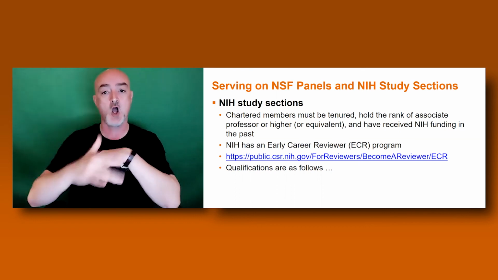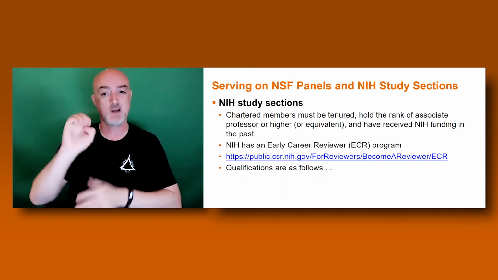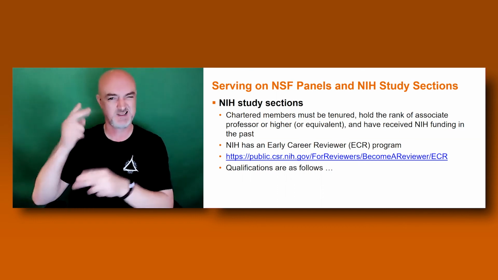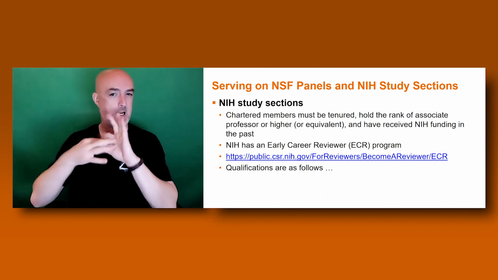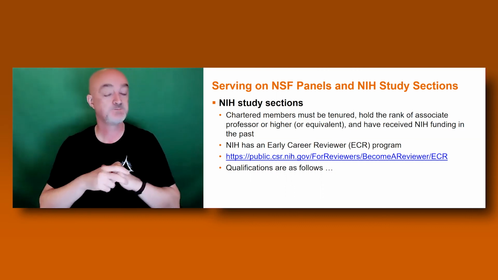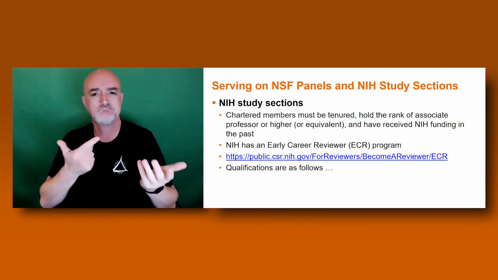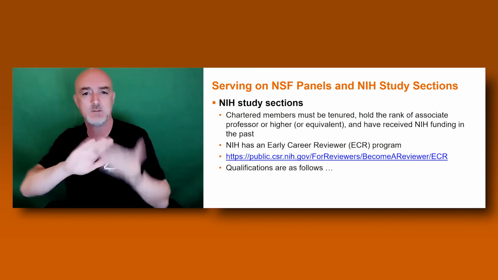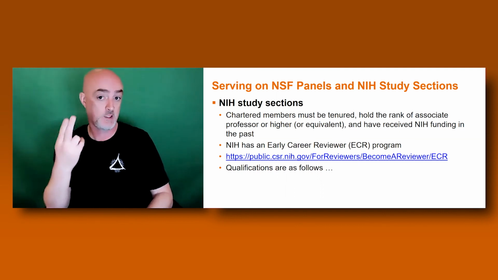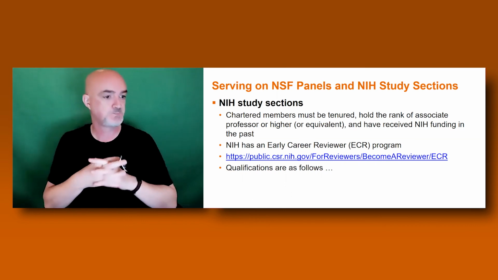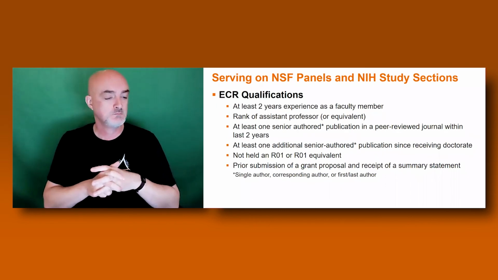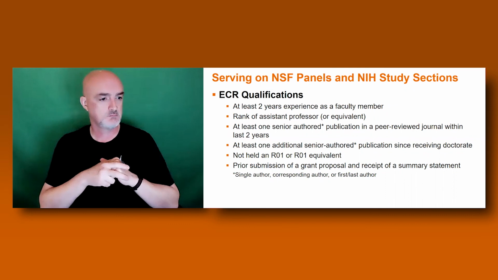And so here you can see a link to the ECR, the Early Career Reviewer Program. If you're interested, you can click it and take a look. Now, what qualifications are needed to become a reviewer for NIH? Well, that's on the next slide if we can move to that one. Go ahead and take a read really quick.